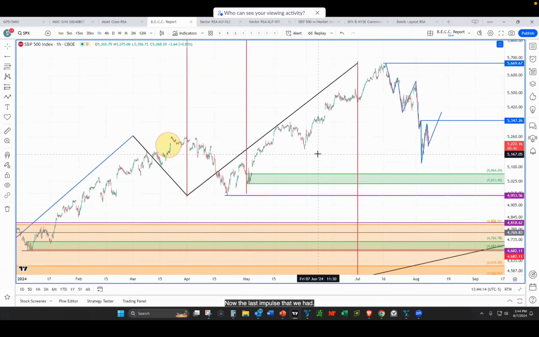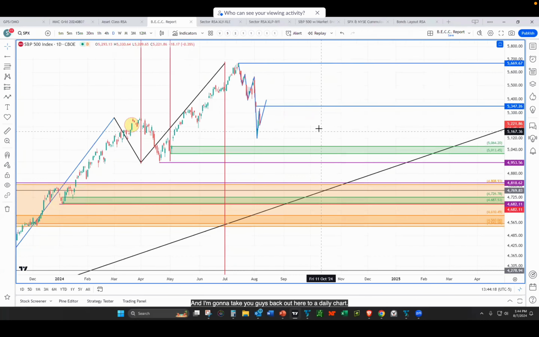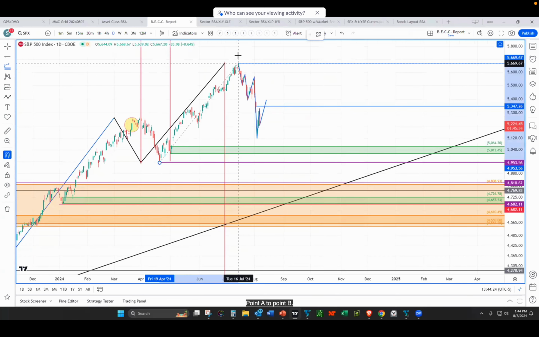Okay. Now, the last impulse that we had, and I'm going to take you guys back out here to a daily chart. The last major impulse that we had was from point A to point B.